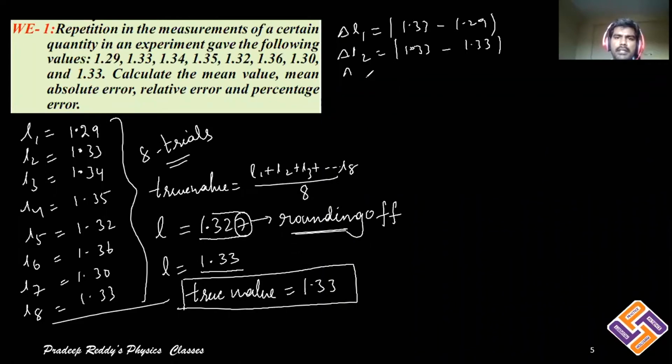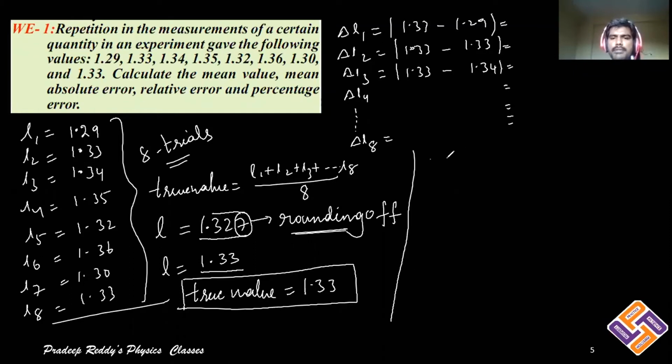Delta L3 is equal to 1.33 minus 1.34. Similarly, delta L4, delta L5, up to delta L8. You should find all these 8 values so that you get the absolute errors. After that, you should find the mean absolute error.